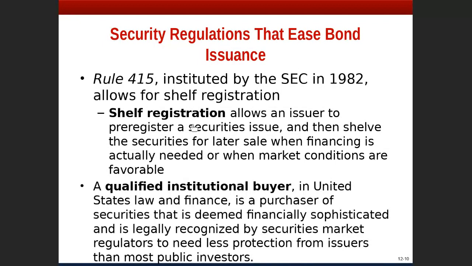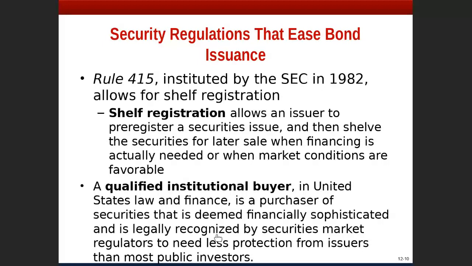Now, a qualified institutional buyer in United States law and finance is a purchaser of securities that is deemed financially sophisticated and is legally recognized by securities market regulators to need less protection from issuers than most public investors.